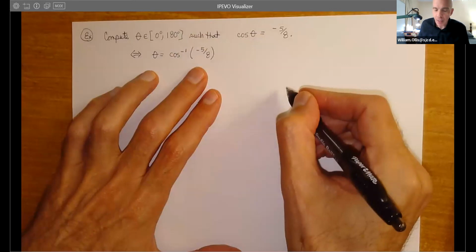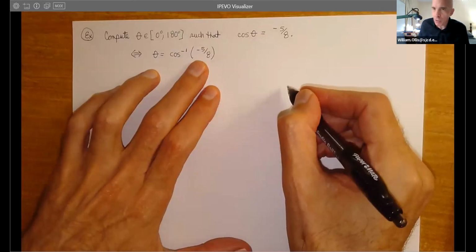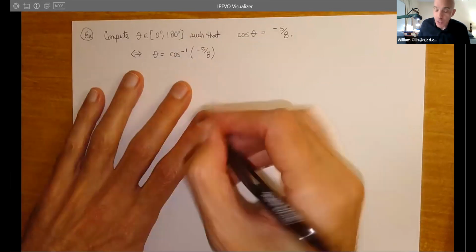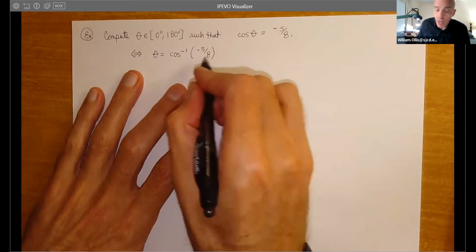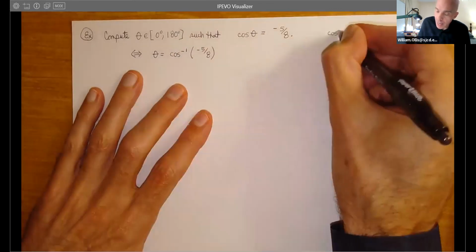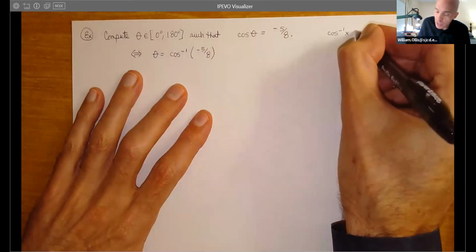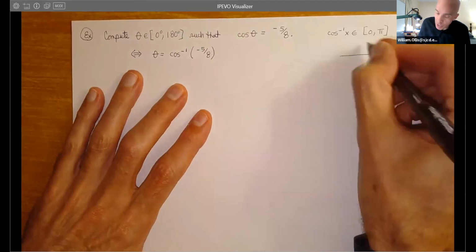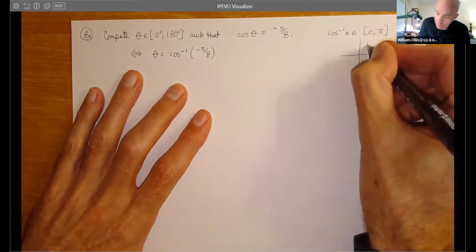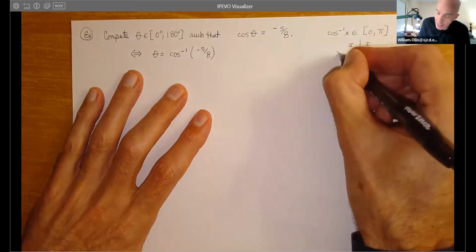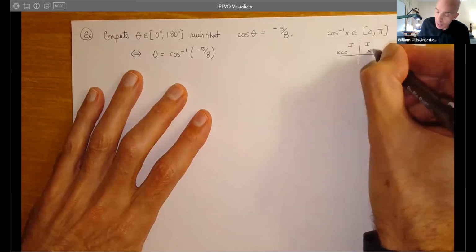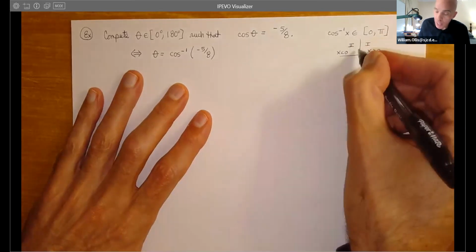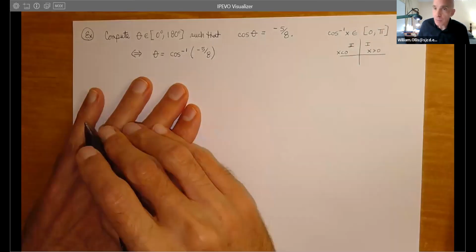And then you're thinking, okay, we can leave this alone, or we know the inverse cosine of a negative angle. Before we move on, look, inverse cosine of x lives between 0 and pi. So when we think about the unit circle, here we have x is less than 0 and x is greater than 0. So we expect the output for this equation to live in the second quadrant.